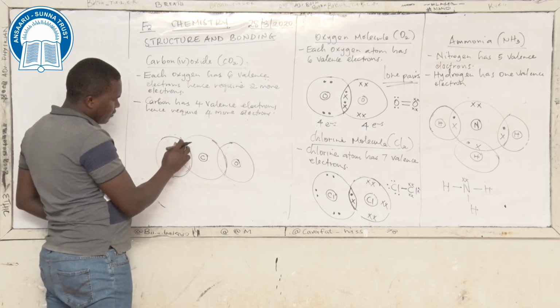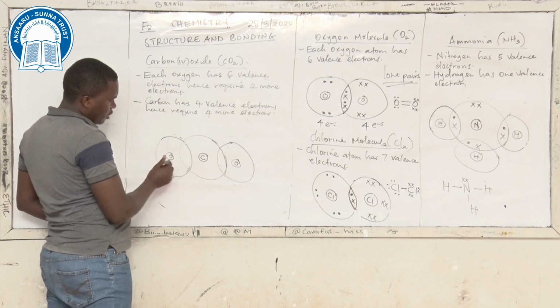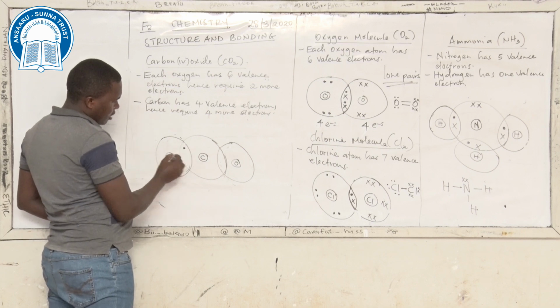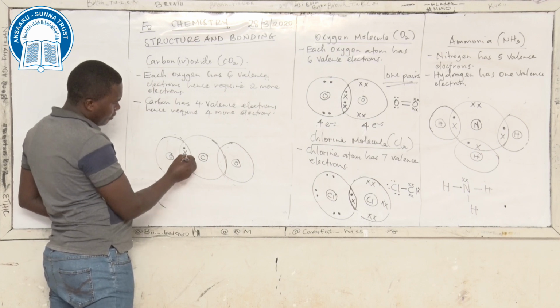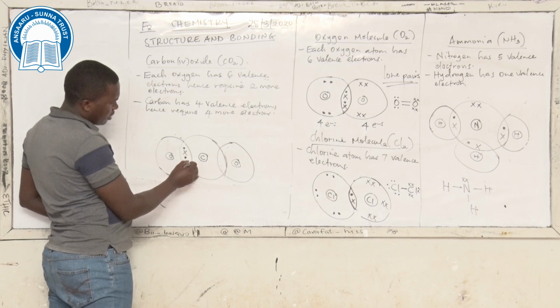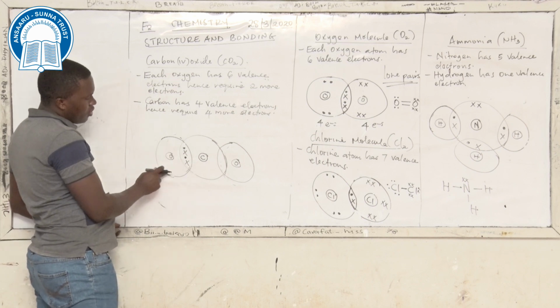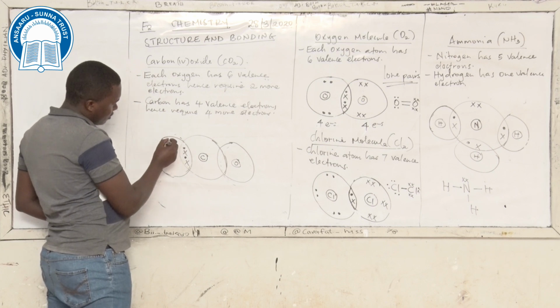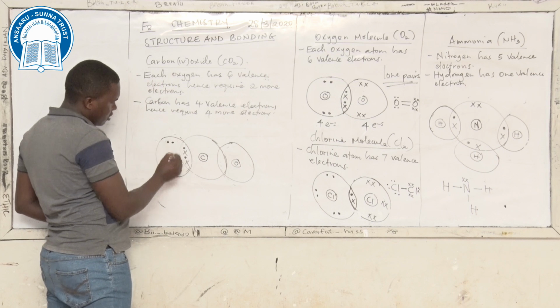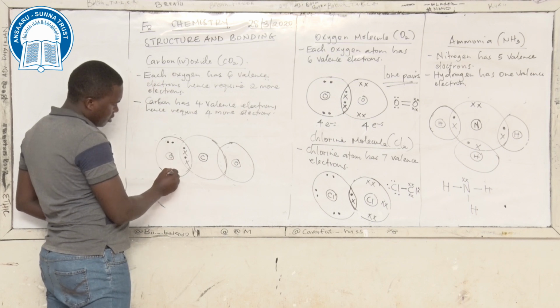So carbon has 4, so it will bring 1, this oxygen brings 1, so this oxygen must form 2 covalent bonds for it to be stable. So it means this oxygen has 2 lone pairs, which is this one and this one.